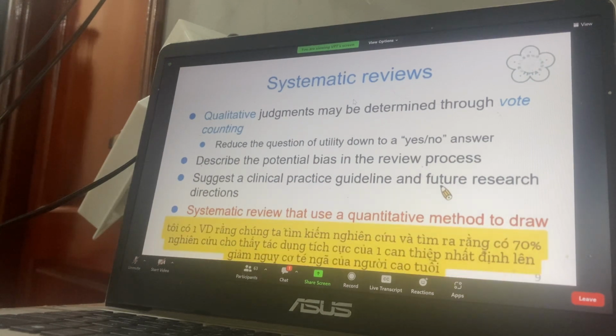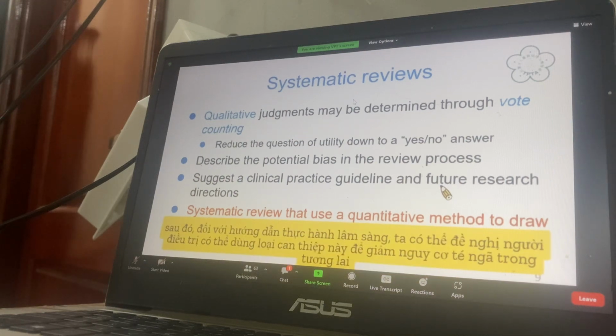Most importantly, the purpose of a systematic review is to suggest a clinical practice guideline for future research directions. As in the example we gave, when we searched through the articles and found that 70% of the articles showed a positive effect of a certain intervention to reduce fall risk for elderly, then for the clinical practice guideline, we can suggest that clinicians may use this kind of intervention to reduce falling of elderly in the future.